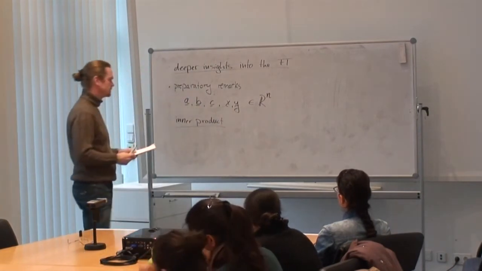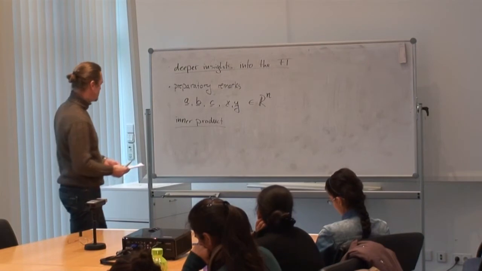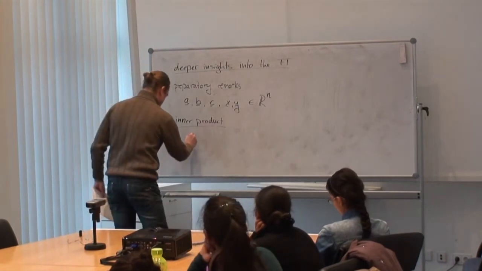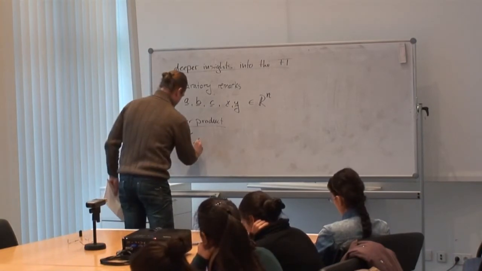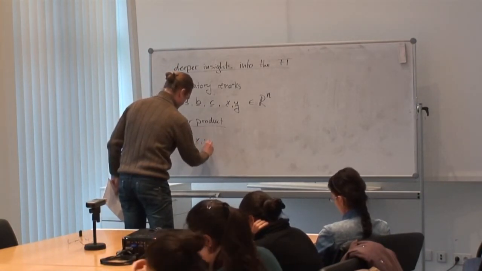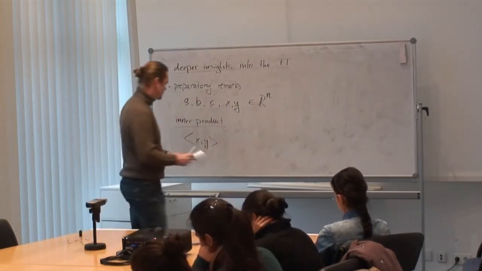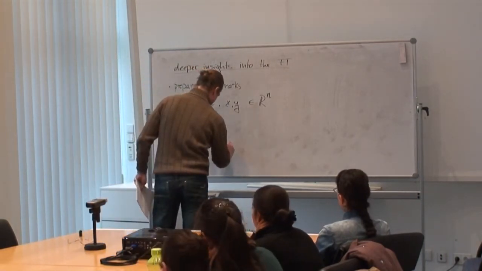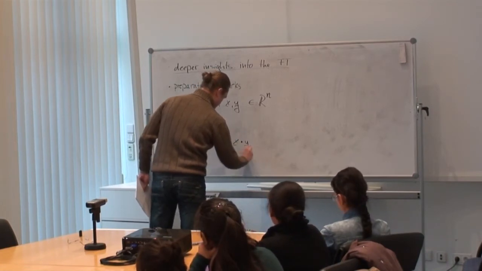And there are different ways of writing it down. I have been using this notation, this pointy bracket to the left, then the vector x, and then the vector y, pointy bracket to the right. Of course, another way of denoting this inner product is just x, this dot, y.